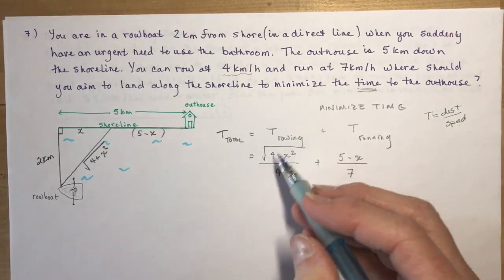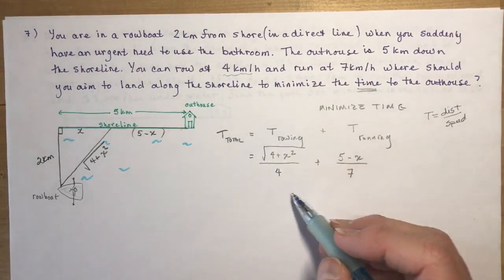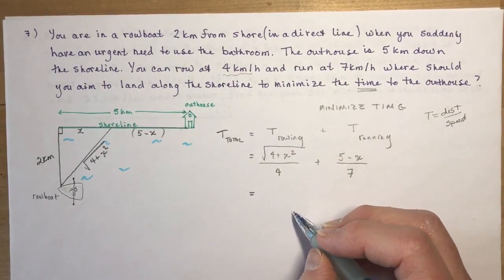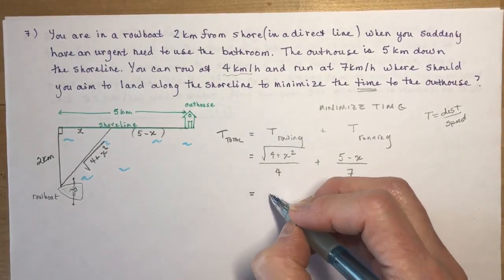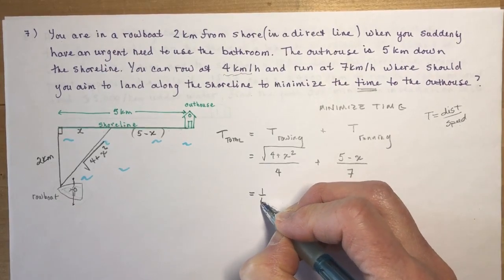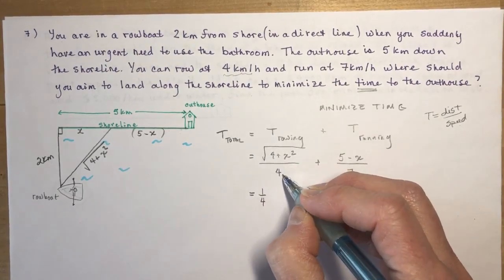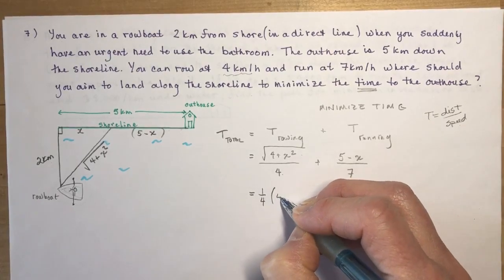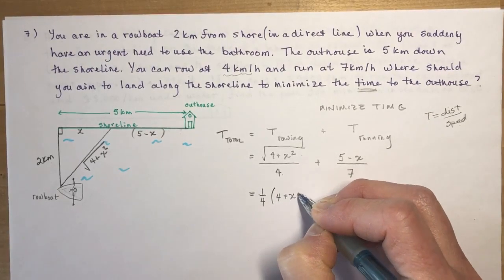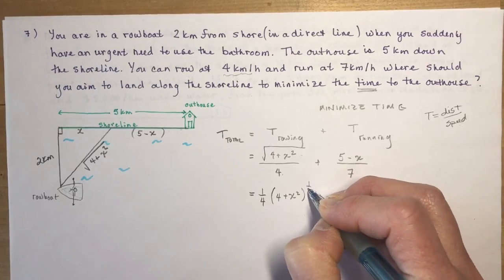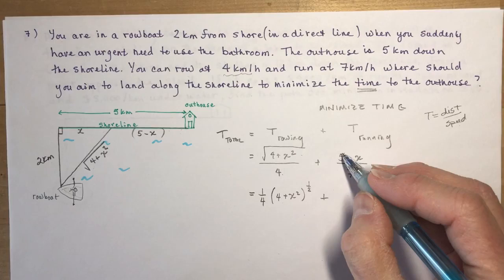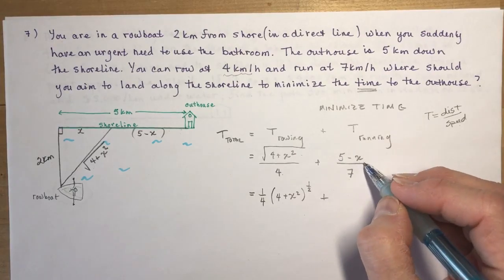Okay, so before I start this, I want to straighten up all these radicals and simplify things a bit to make the derivative a lot easier. So if I pull out the quarter, so this is 1 over 4 times this, right? That's all that means. So I'm going to say this is 4 plus x squared to the half power. Okay? And then this next part here, this is 5 over 7 minus x over 7.